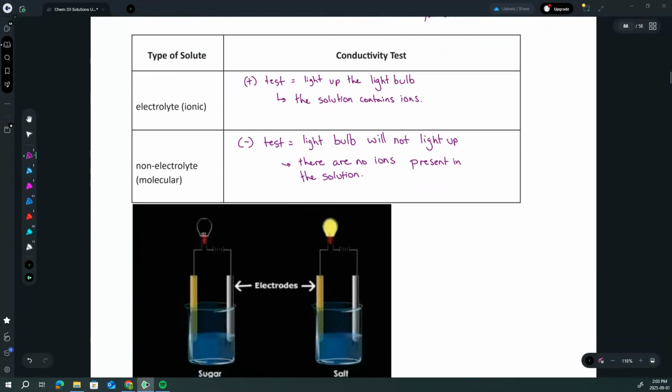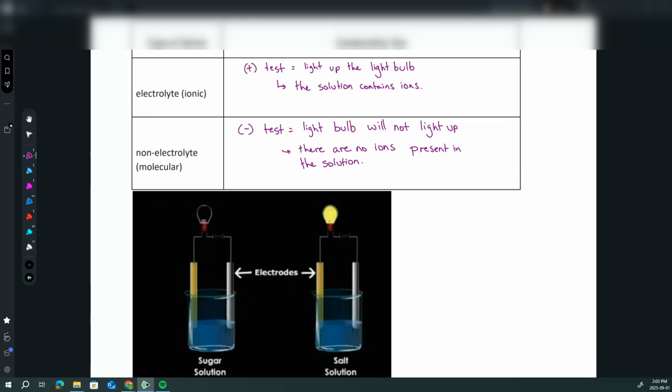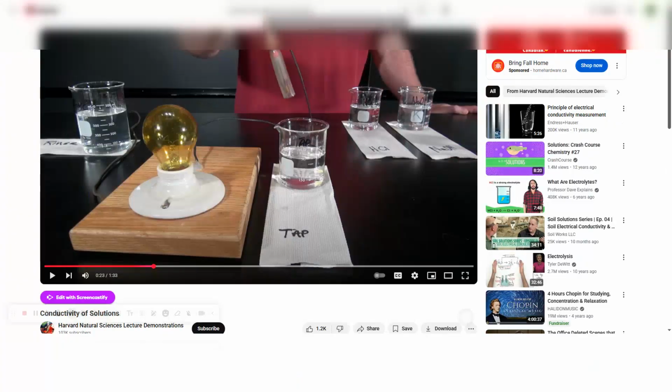So our conductivity apparatus is made out of two electrodes which are connected through wires to a light bulb. Okay, so looking at a video of how this actually happens here.